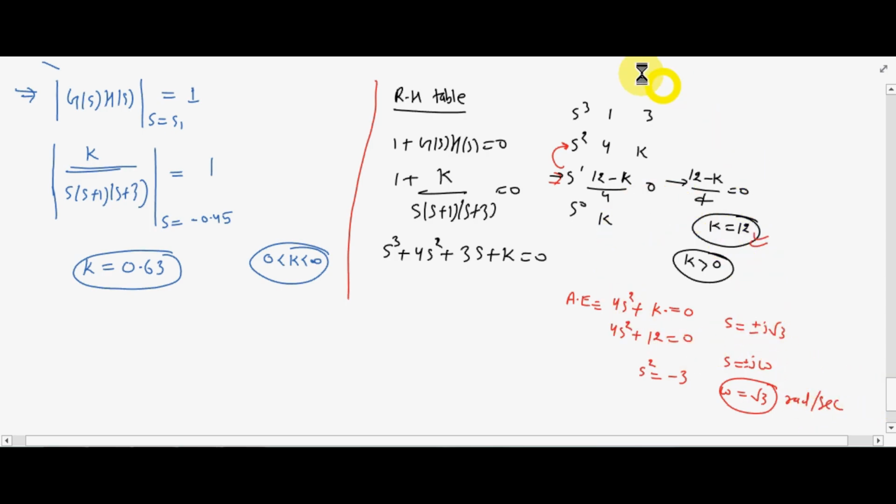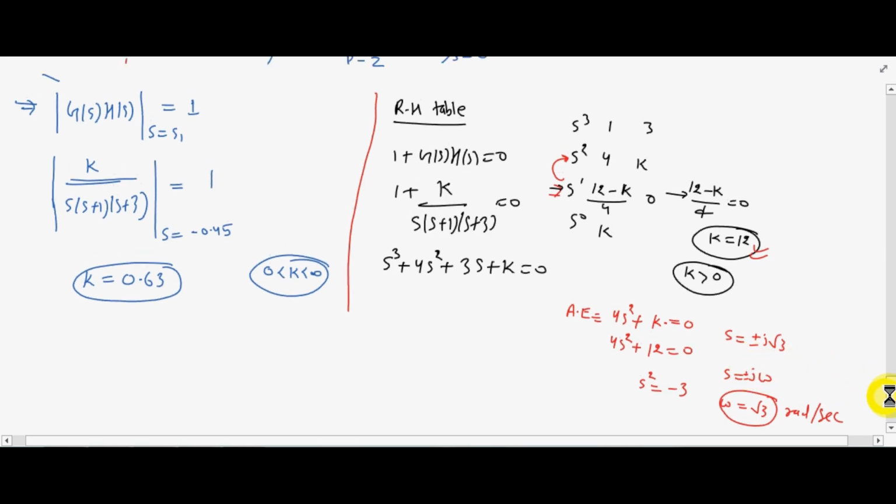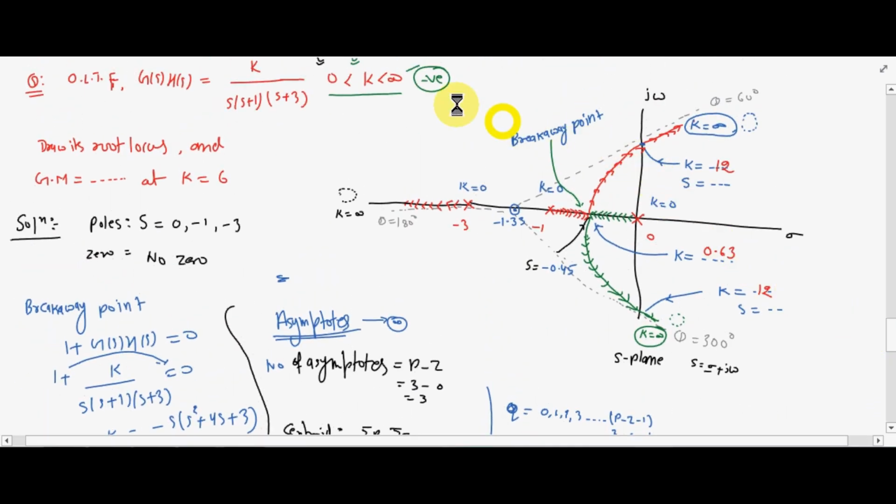Clear? By this calculation we have calculated the value of s at this point is plus j root 3, and the value of s at this point is minus j root 3. The value of omega, the angular frequency, at this point is root 3 radian per second.